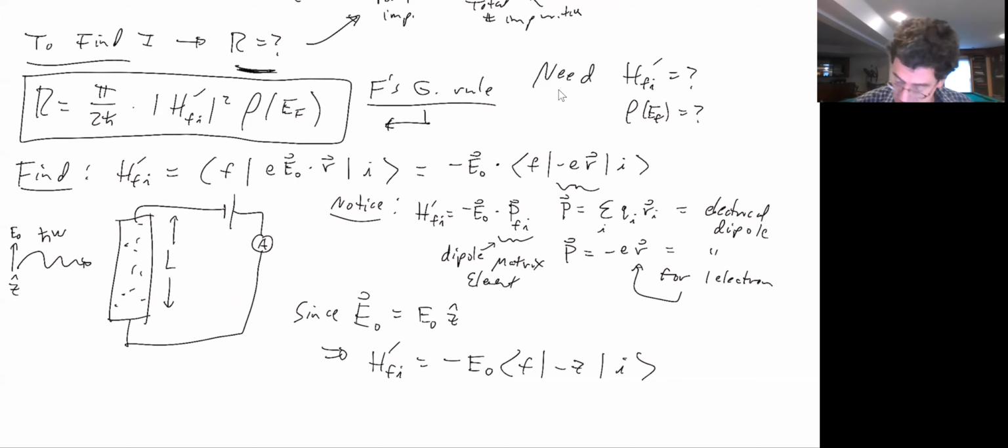Actually, I don't need to do all those. Just make it simpler. It'll just be E naught final Z initial, times charge. So that's what we have to calculate.